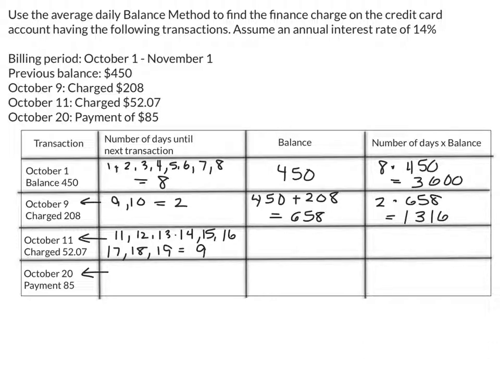Then we find the balance: we take the previous $658 and add $52.07, since that was a charge. Our new balance is $710.07. Then we multiply 9 by $710.07.